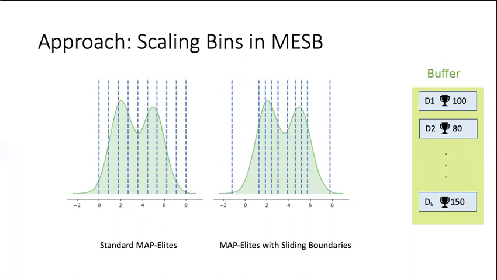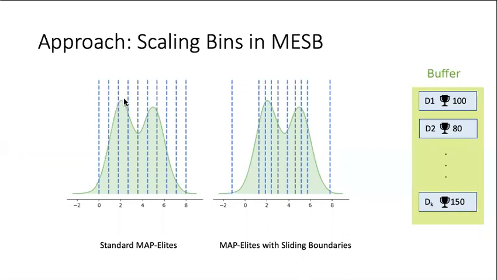And that green there is indicating the percentage of individuals in the buffer whose behavior would lie in that part of the MAP-Elites space. So there's a higher density over here of individuals with this behavior vector of 2. There are a lot of individuals around here.